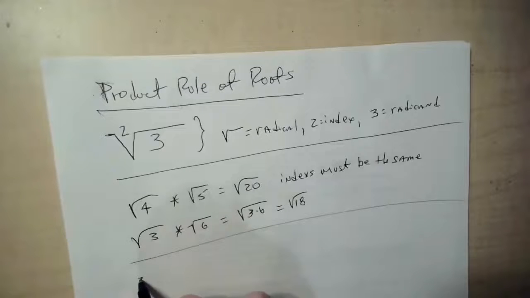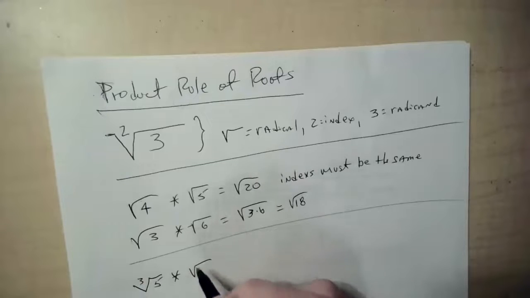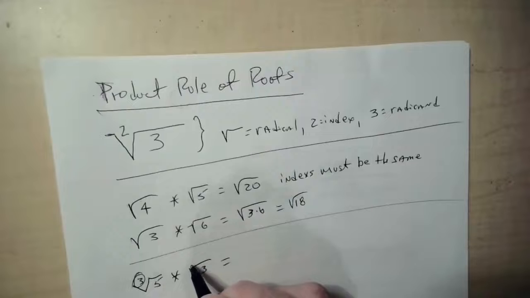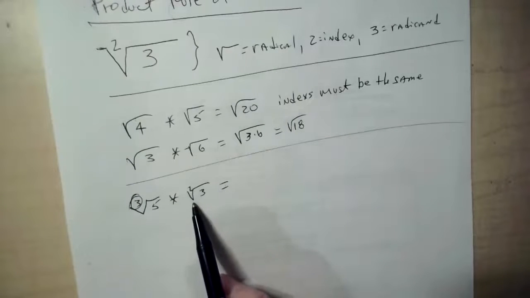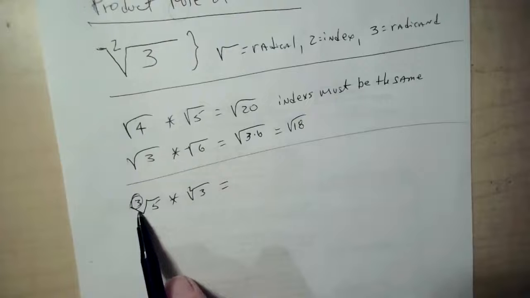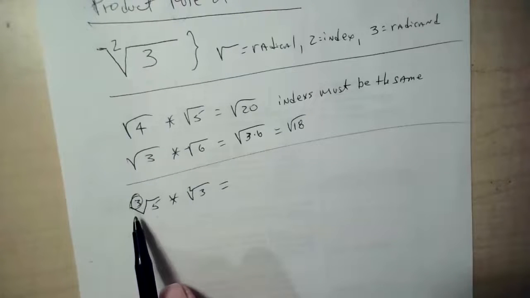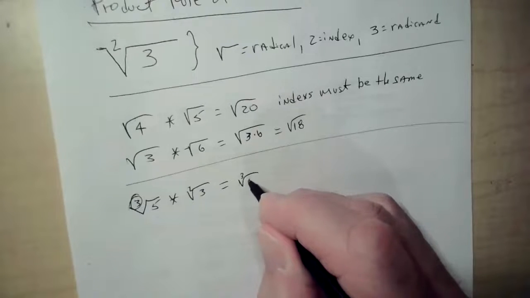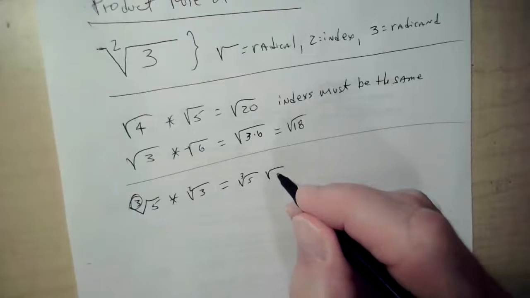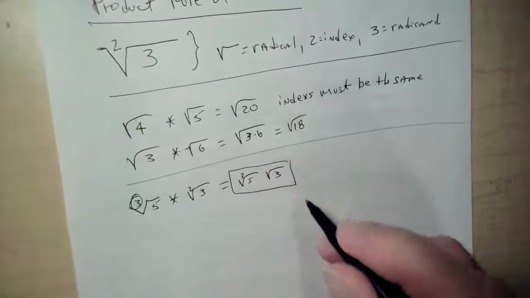Now, if we have the cube root of 5 times the square root of 3, there's nothing we can do here, because remember the indices: if there's not one in there, it's assumed to be a 2, square root. This is called the cube root. And if there was a 4 for the index, it's the fourth root. So there's nothing you can do here. This is just the cube root of 5 times the square root of 3.